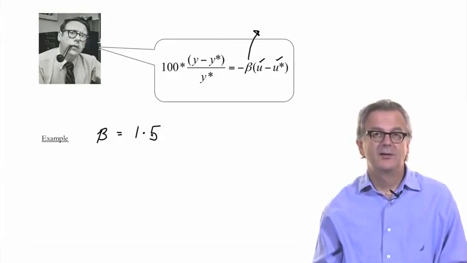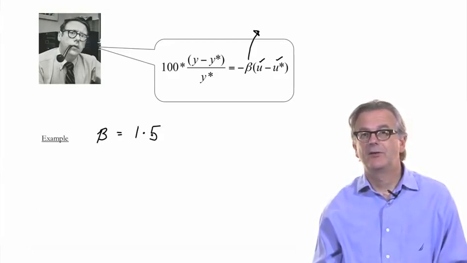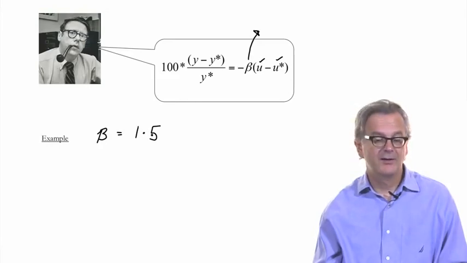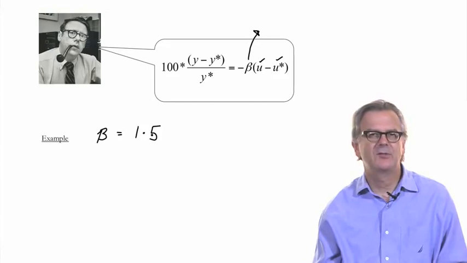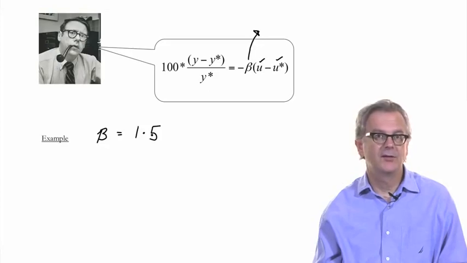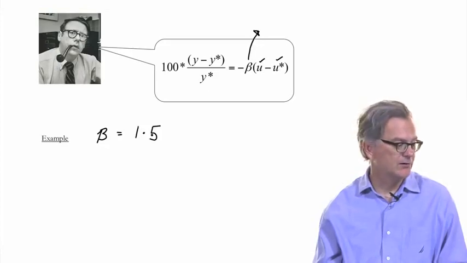Now, as I said, it can be different for different economies. It can even be different for the same economy at different periods of time. But roughly speaking, 1.5 seems like a reasonable number for the term beta in this Okun's law expression.